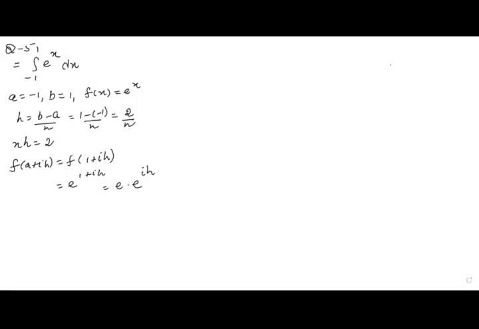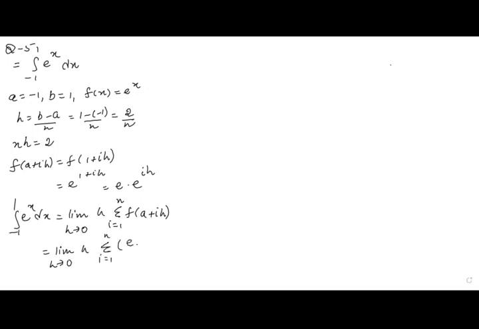Now integration from minus 1 to 1 of e raised to x dx can be written as limit h tends to 0 of h sigma i from 1 to n of f of a plus ih, that is limit h tends to 0 of h sigma i from 1 to n of e to the power minus 1 into e raised to ih.